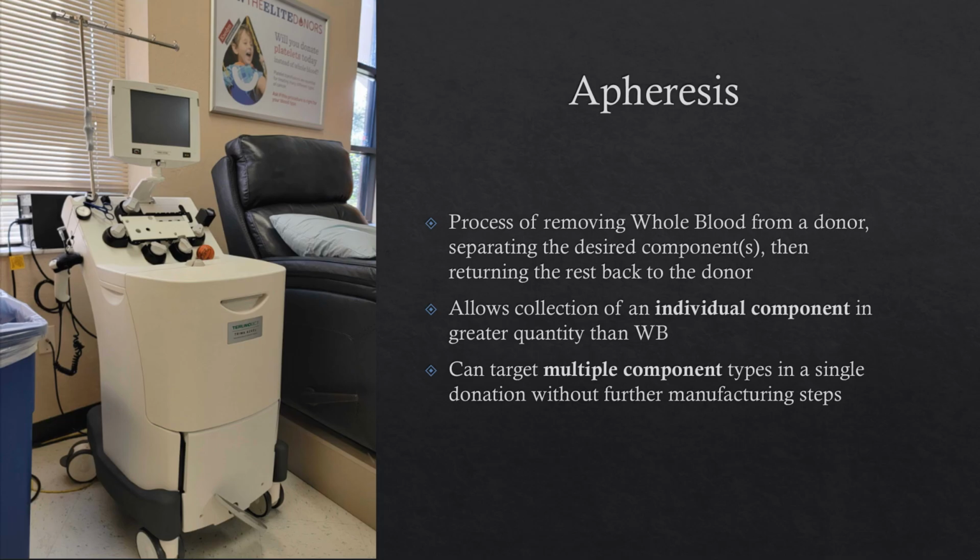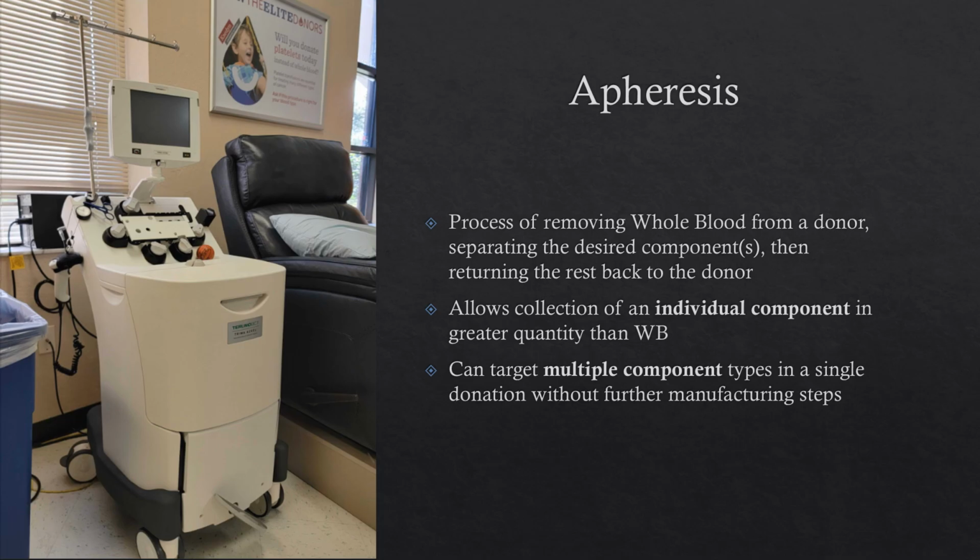Aside from the advantages of not having further manufacturing steps down the line after collection, we have the ability to harvest multiple components. You can get more platelets out of an apheresis donation than you can out of a whole blood donation.